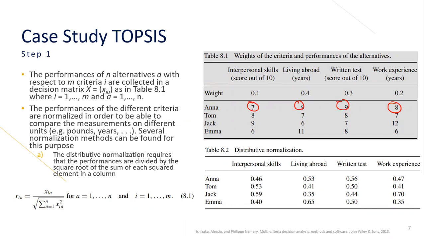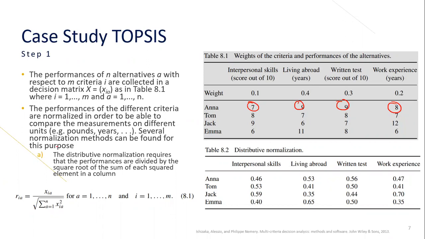The second step, we need to normalize the table. So how do we normalize? There are several ways to do the normalization. The first one that we study is called distributive normalization.